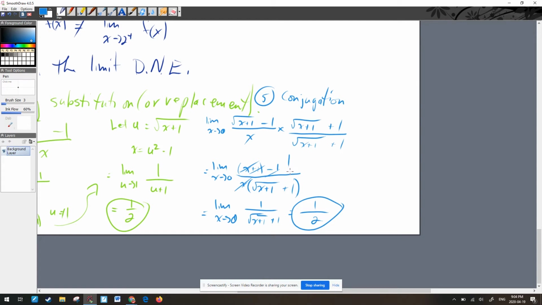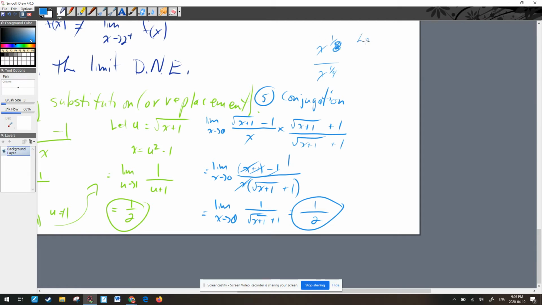Okay. The other way that the replacement comes into play, I haven't done an example of this, but you can look in your notes, is sometimes if there are odd powers, what we would do is normally replace the smallest power. So if you had rational exponents, imagine that you had somewhere an x to the 1/8 and an x to the 1/4, you would want to do a replacement on the 1/8.